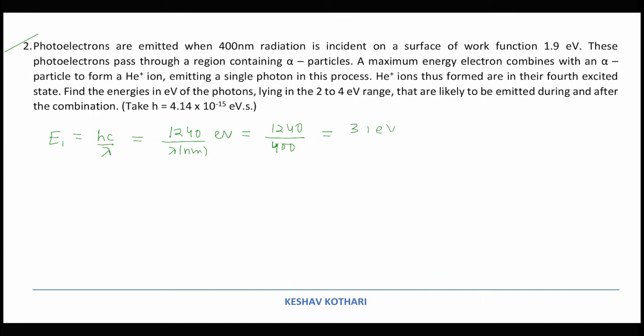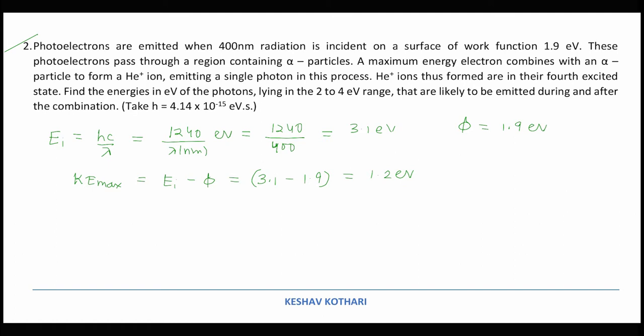This is the value of incident energy on the surface, which has a work function of 1.9 electron volt. So I can calculate the maximum kinetic energy of the emitted photoelectron, which is equal to incident energy minus work function, that is 3.1 electron volt minus 1.9 electron volt, and the value we obtain is equal to 1.2 electron volt. So this is the maximum energy of the emitted photoelectrons.